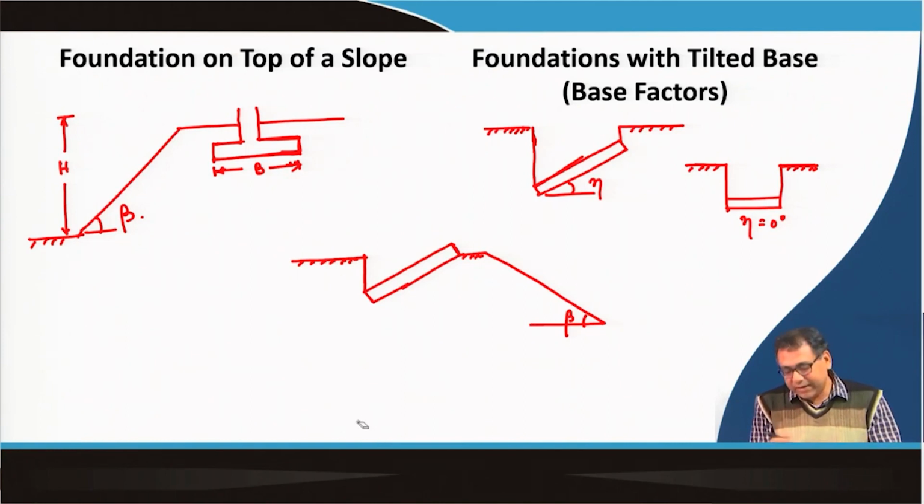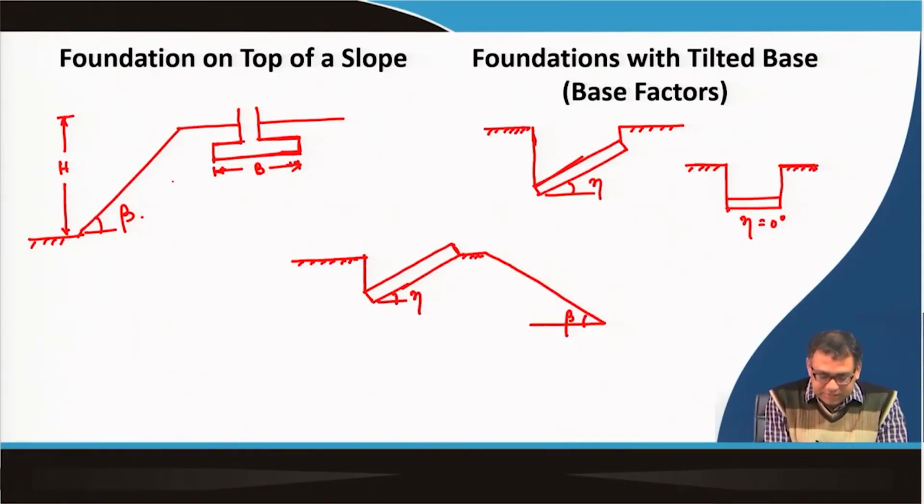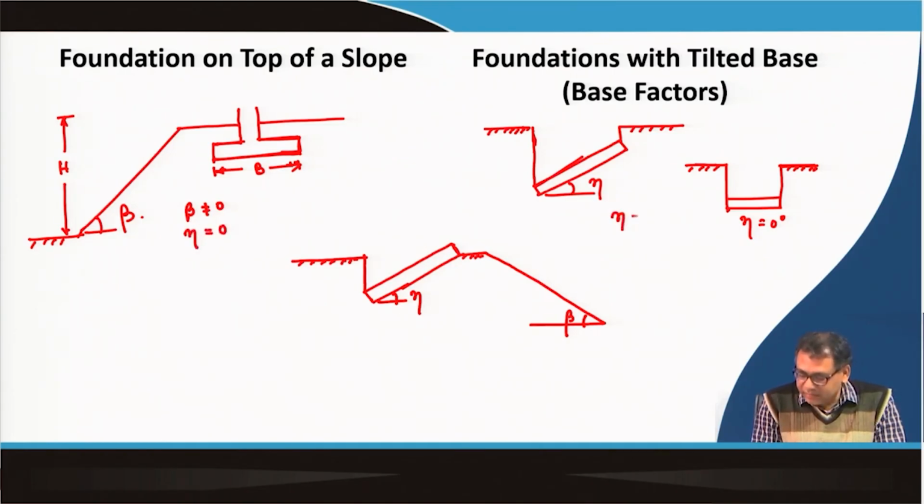So, different combinations can be possible, that it has both eta and beta. In this case, your beta is not equal to 0, but your eta is equal to 0. In this case, eta is not equal to 0, but beta is 0.